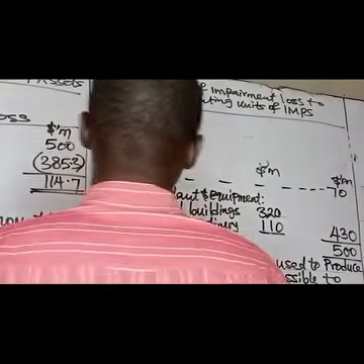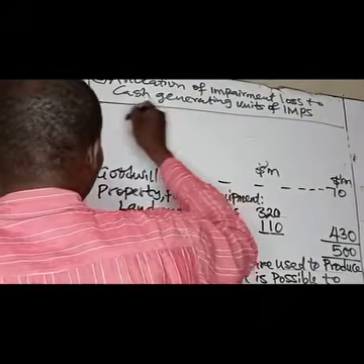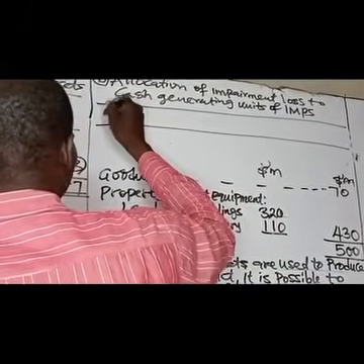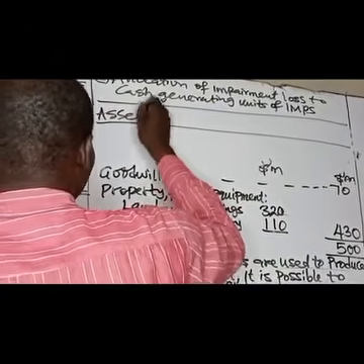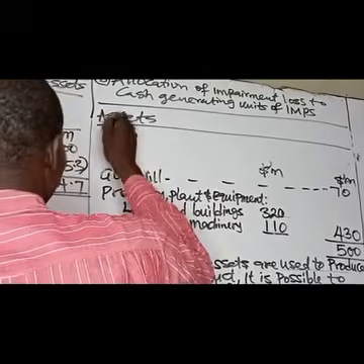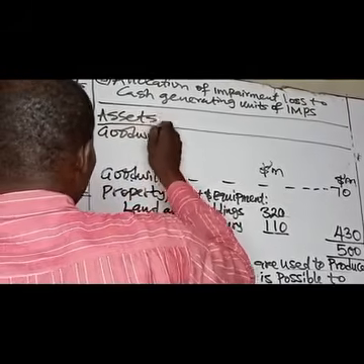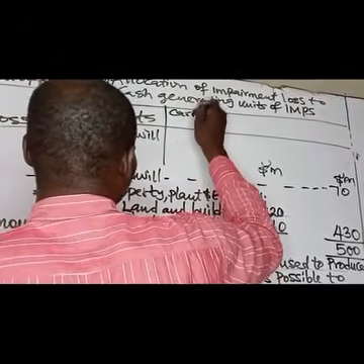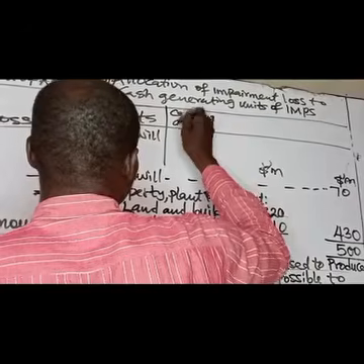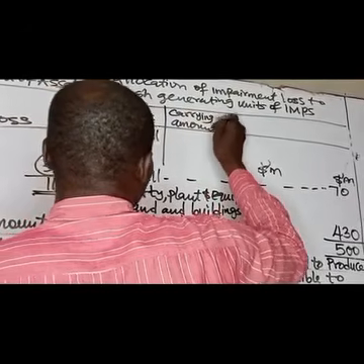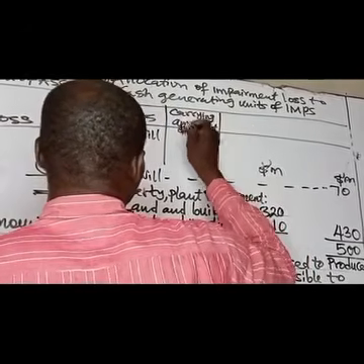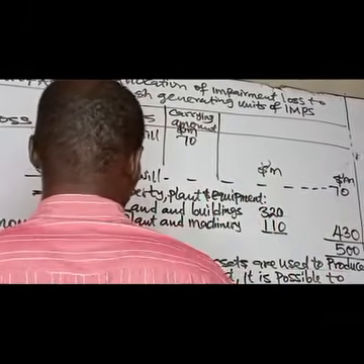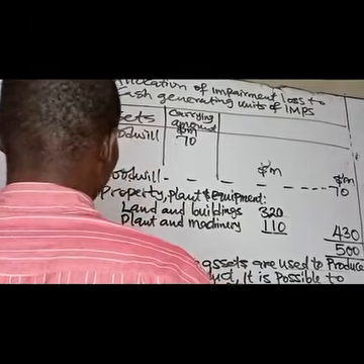Now we have assets. The number one asset is goodwill. The carrying amount of the goodwill is 70 million.